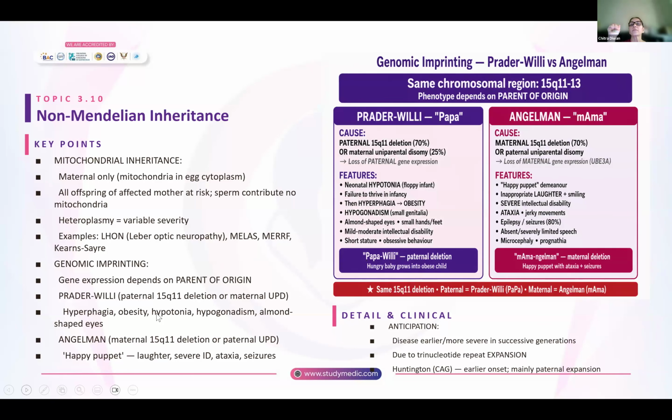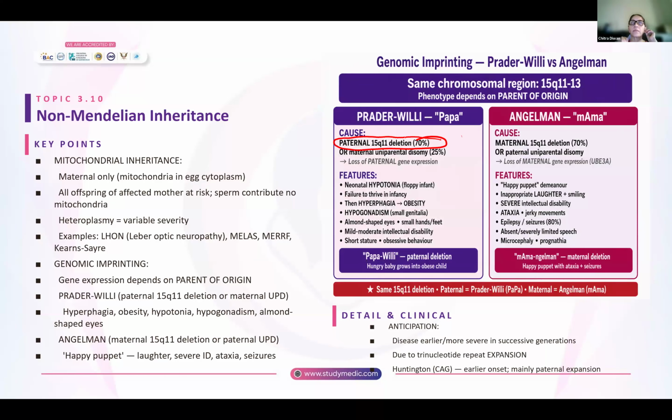That is the region that is affected, but the phenotype depends on which parent is affected. So in Prader-Willi, P for Papa, the paternal 15q11 deletion occurs, or there is maternal uniparental disomy.